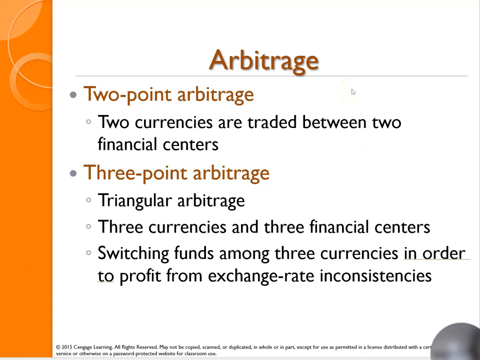Now there's 2-point arbitrage. There you've got two currencies that are traded between two financial centers. And 3-point arbitrage, well, 3 currencies, 3 financial centers. You're switching funds among the 3 currencies in order to profit from the exchange rate inconsistencies.